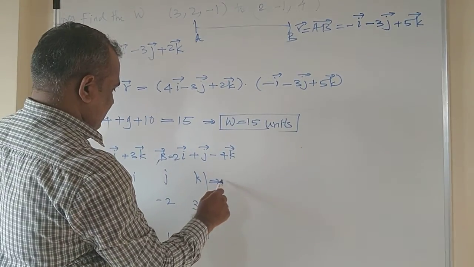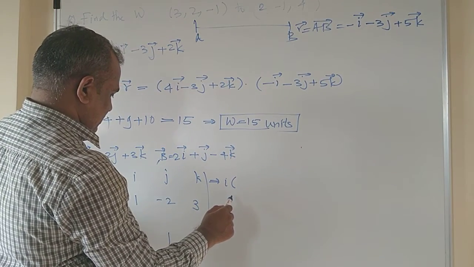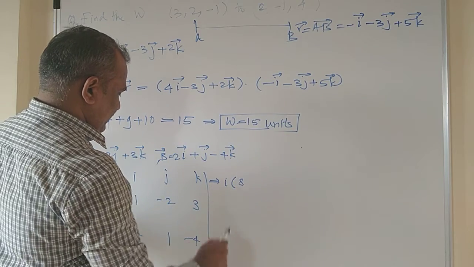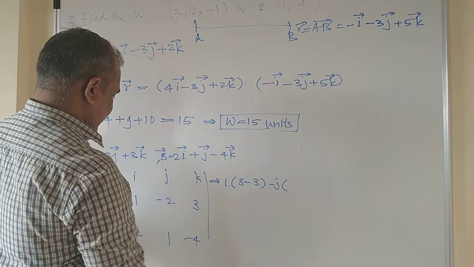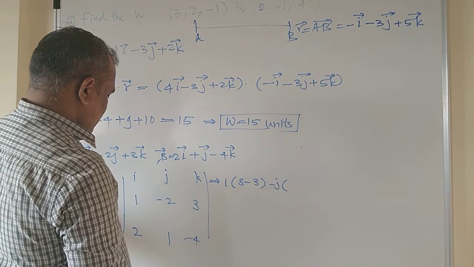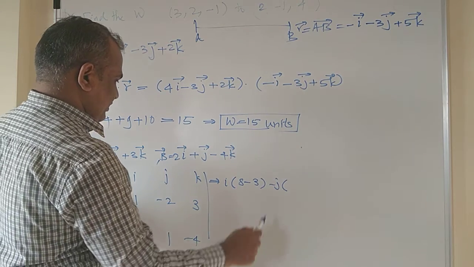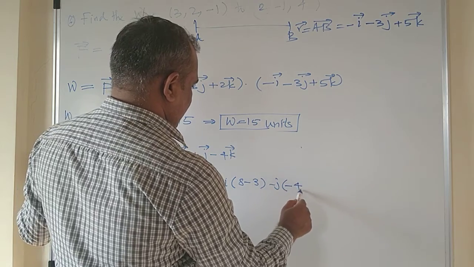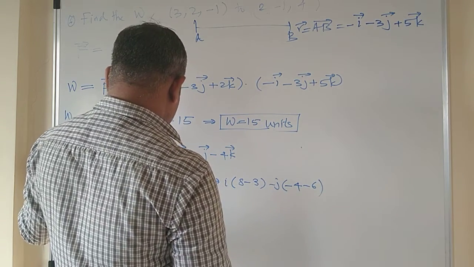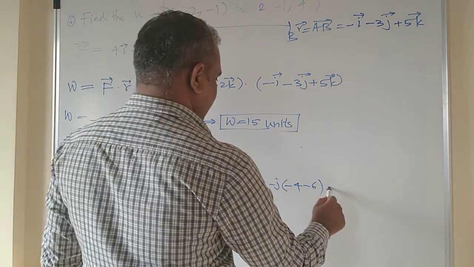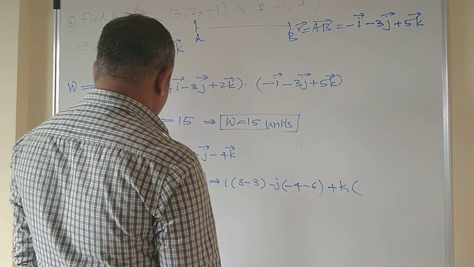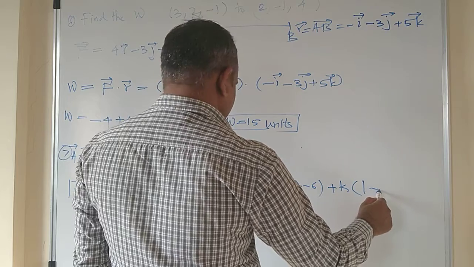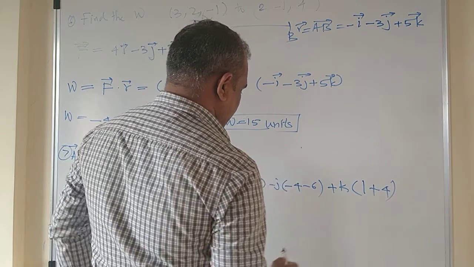So this gives us i into minus minus, which will be plus 8 minus 3, minus j into minus 4 minus 6, right, plus k into 1 minus minus, which will be plus 4.